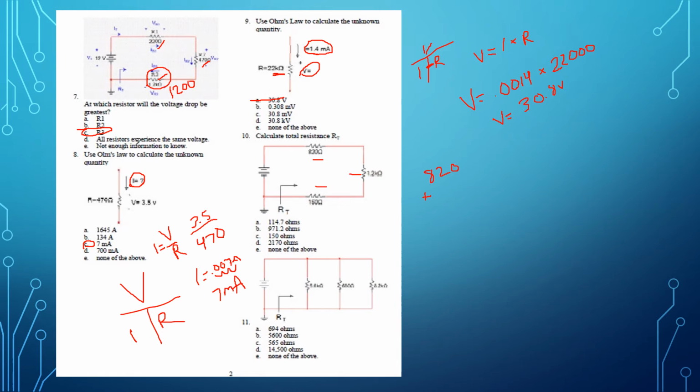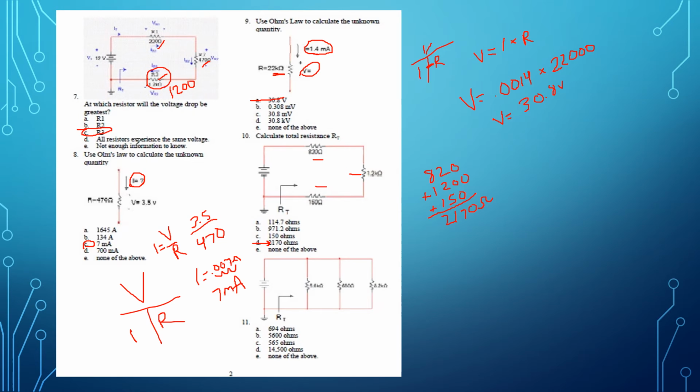So that's the same thing as 1200 ohms. And then you just add the third resistor, which in this case is just 150 ohms. That's going to give you a grand total of 2170 ohms. So, D is what we're looking for.